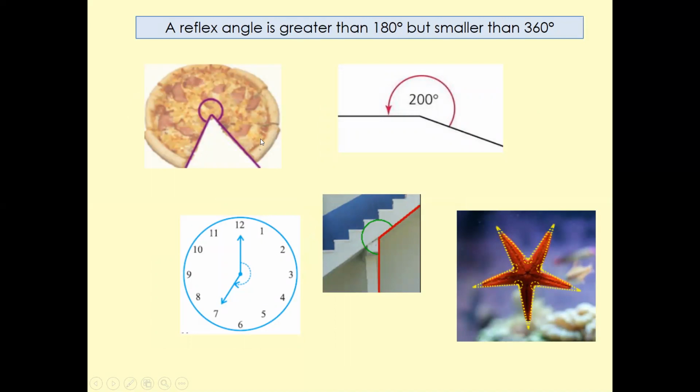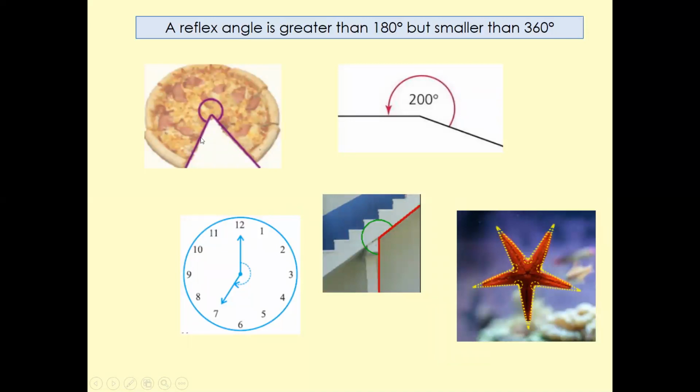The next type of angle is the reflex angle. A reflex angle is greater than 180, but smaller than 360. Now, 360 is a complete circle. If you look at this pizza here, if you measure this angle on this side, this is quite a small angle.